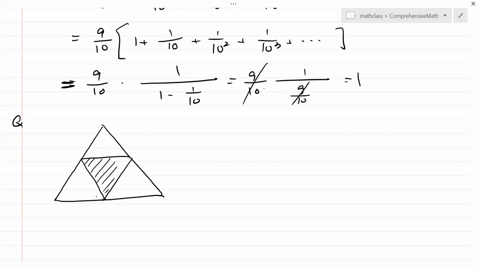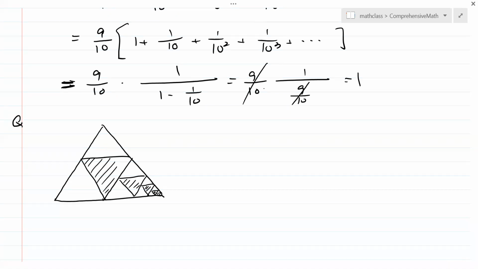Then I divide another into 3 equal triangles, and I pick the middle one. Then I try this again, and again.